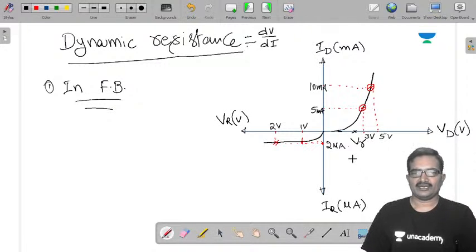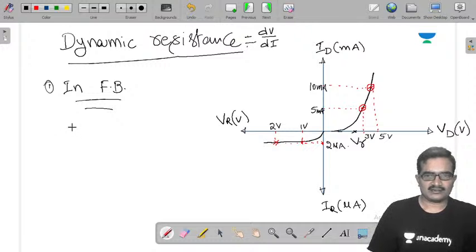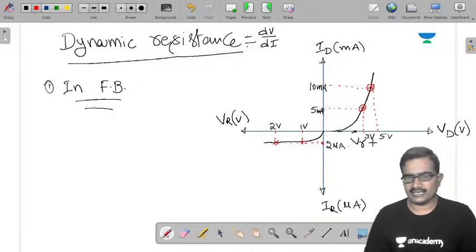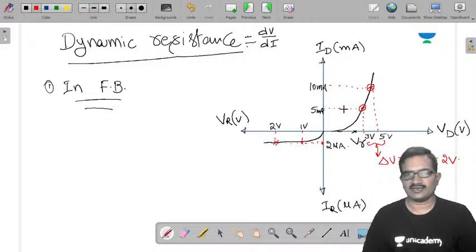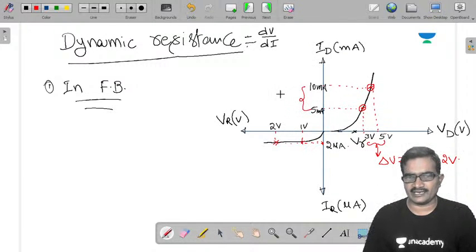Okay, now here it became delta V, that is 5 minus 3, which is 2 volts, and delta I in forward bias is 10 milli minus 5 milli, that is 5 milliamps.